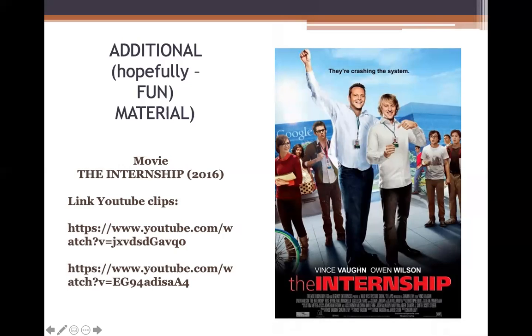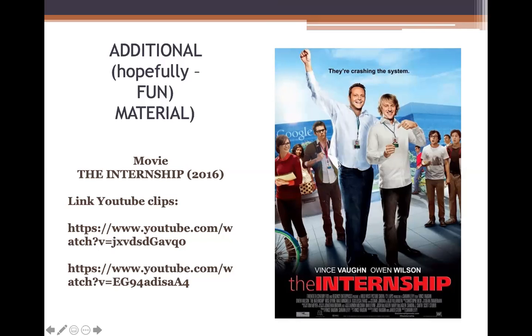I usually do this one. It's like an additional material where you basically only have to watch a movie, or if you don't have that much time to watch a 2-hour long movie, you can just check the link on YouTube. These are 2 links from this movie, The Internship. If you know this movie, it is quite old. It's from 2016 or 2015, I don't really remember. It's a comedy movie, as the poster suggests.